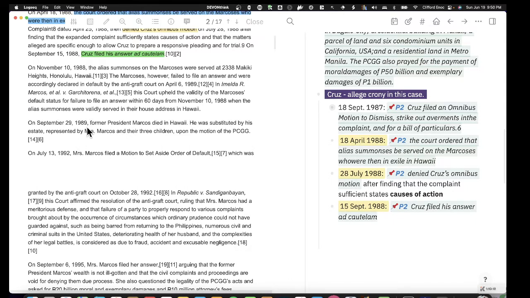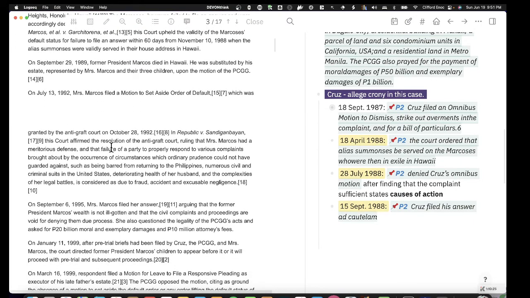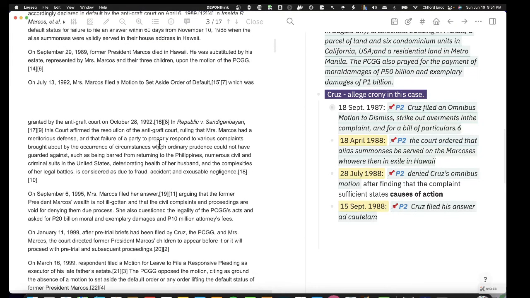So that was after 3 years. Mrs. Marcos filed a motion to set aside the order of default, which was granted by the anti-graft court. In Republic versus Sandiganbayan, this court affirmed the resolution. Kasi ito na yung resolution. Okay, so Mrs. Marcos had a meritorious defense.